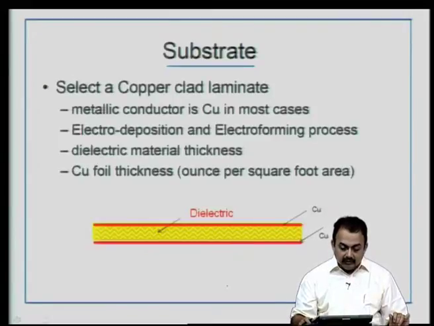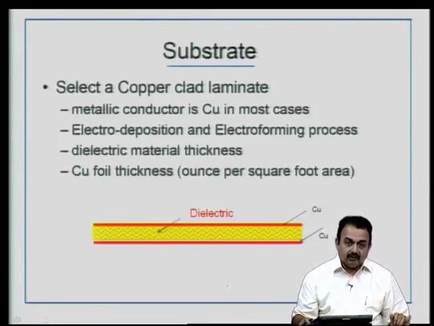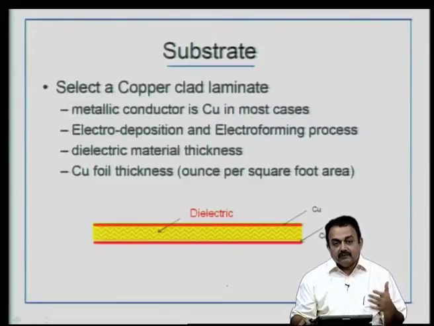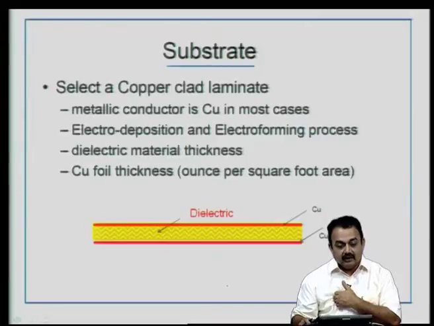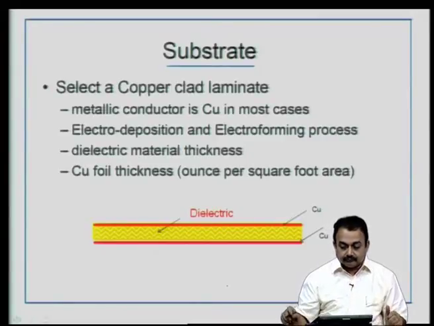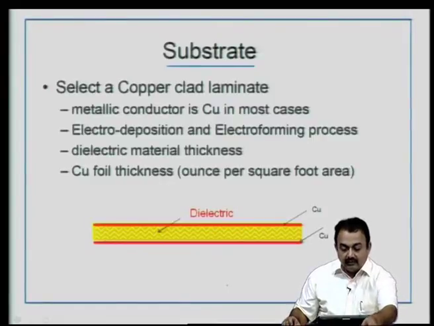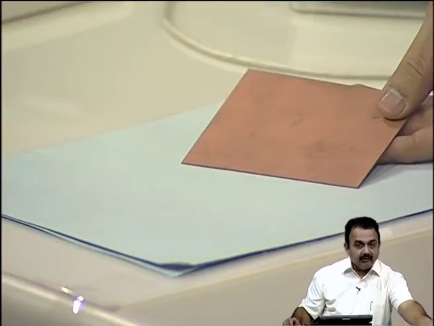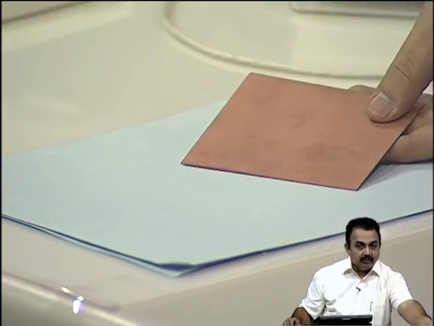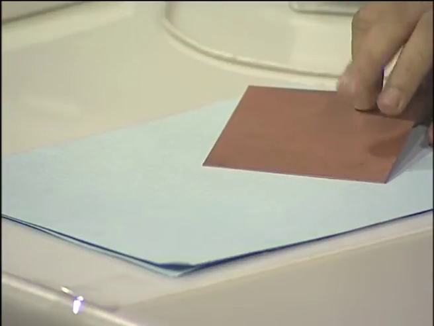Now, we look at what a substrate is for a printed wiring board. In the process sequence, first we have to select a copper clad laminate. If you look at the sample here, what you see is a laminate structure. You can see copper on one side and again copper on the other side.